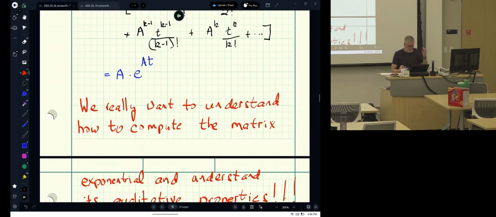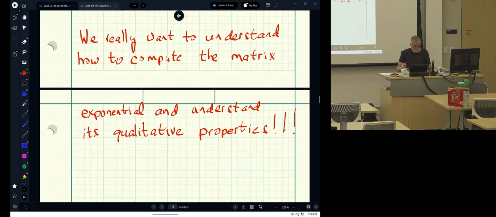This little calculation, that d by dt of e to the At, you can just bring the A down, just like you would in the scalar case, means e to the At times x0 is the solution to x dot equals Ax.